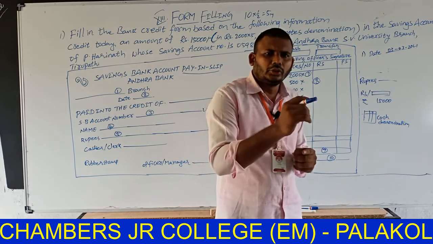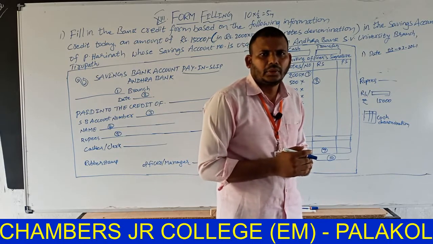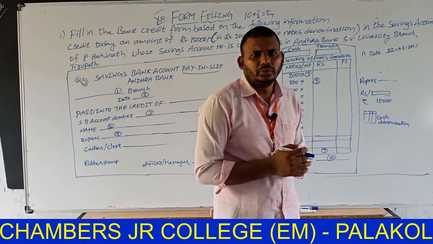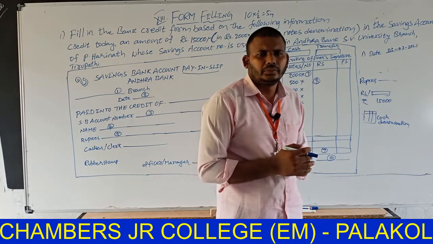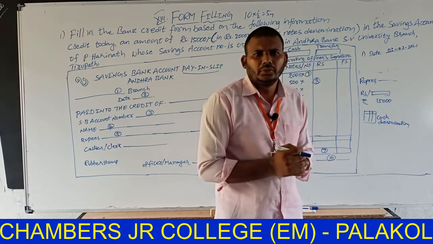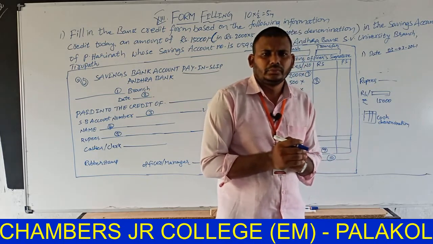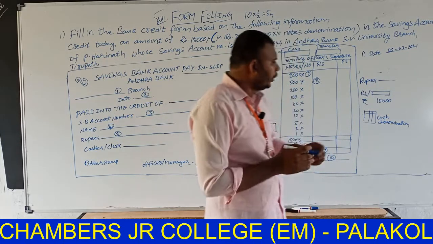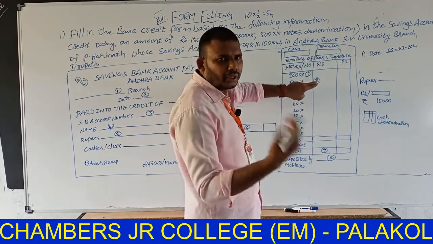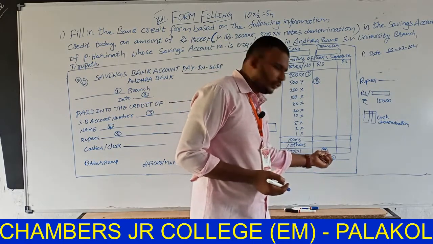Take 5 notes of 2,000 rupees and 10 notes of 500 rupees. That will make the total of 15,000. Got it? So here we need to write the number of notes which we have taken to the bank like this, and the total amount is mentioned here.